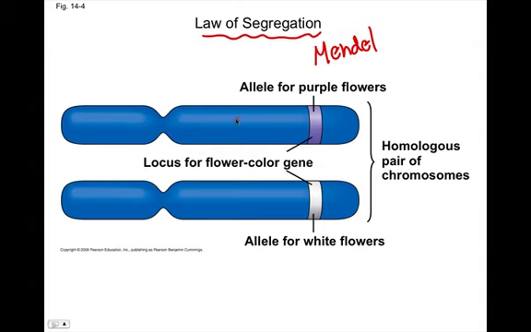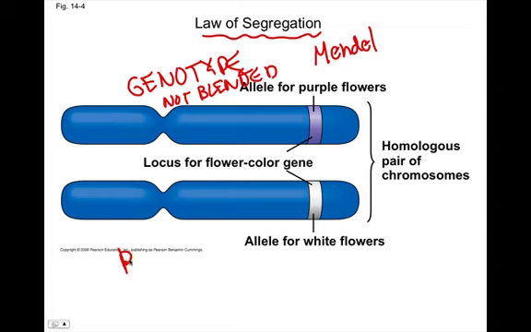And that is that the genotype is not blended, even though the phenotype appears blended. So we have the pink flower, and yet it's composed of a genotype of one red allele and one white allele.